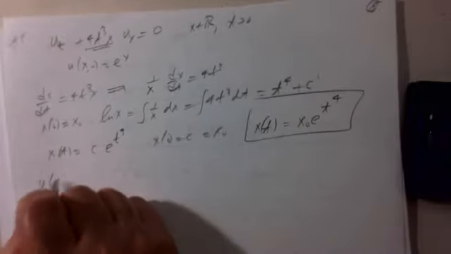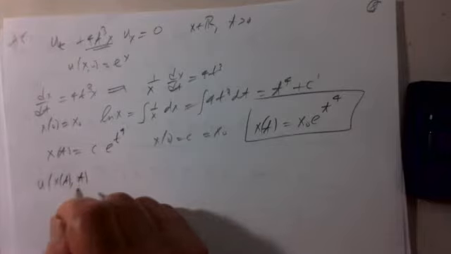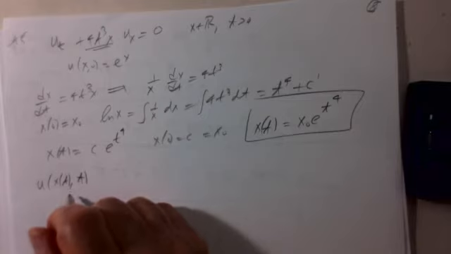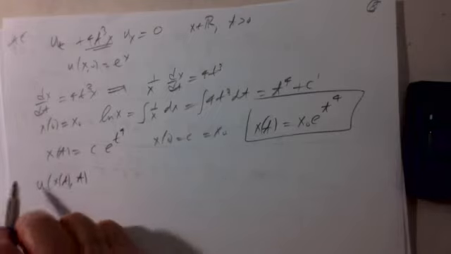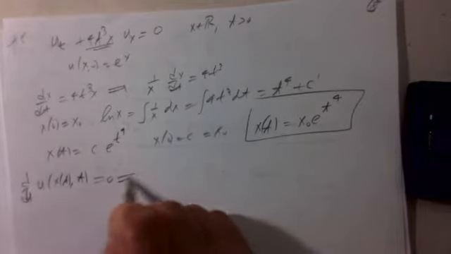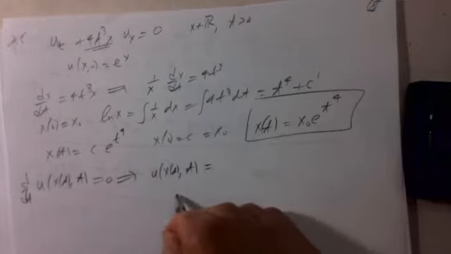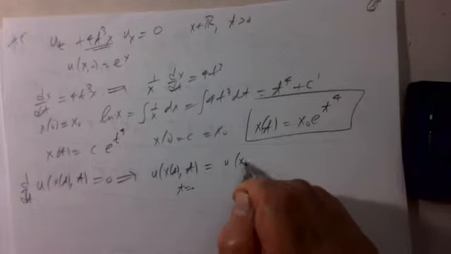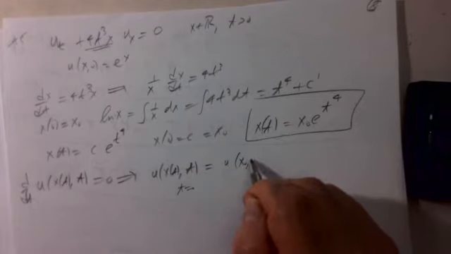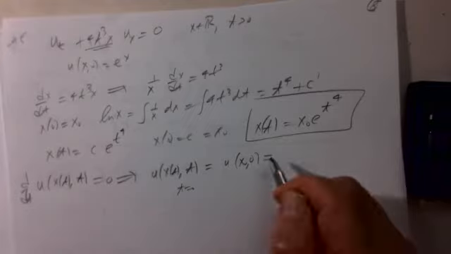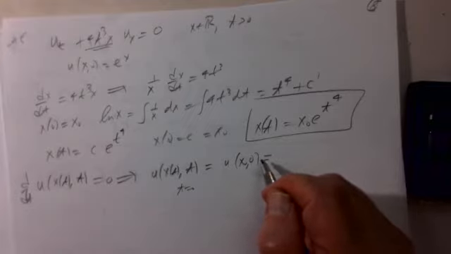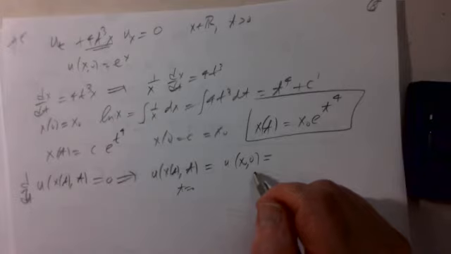So u at x of t comma t is constant. So u at x of t comma t doesn't vary with t. So if you let t equal 0, you get u of x naught, 0. What's the initial condition?